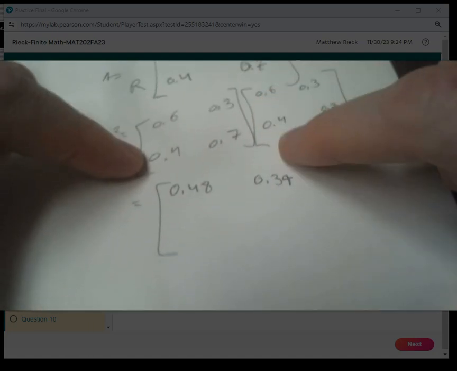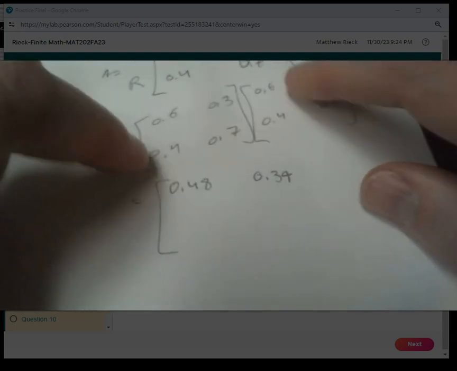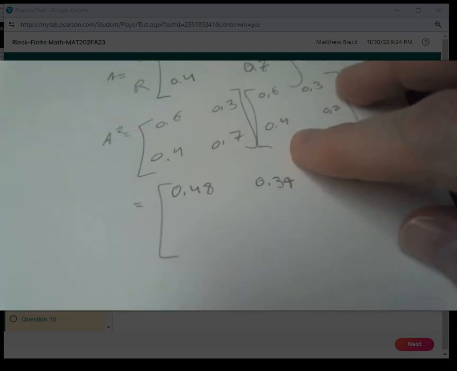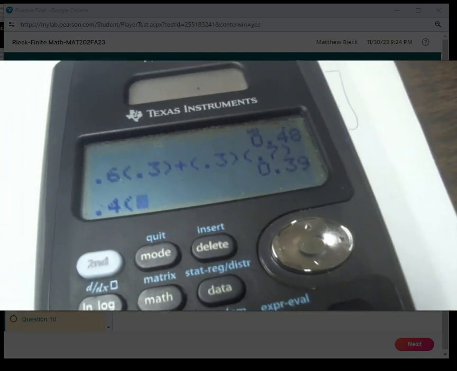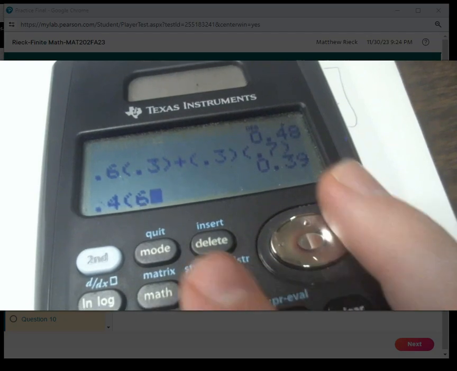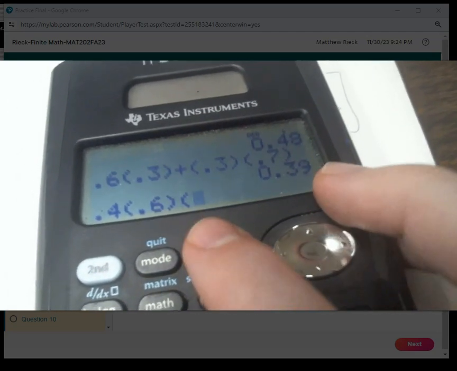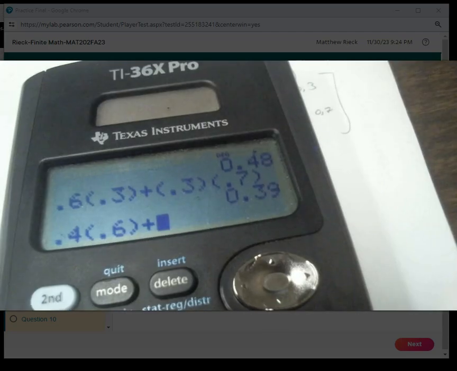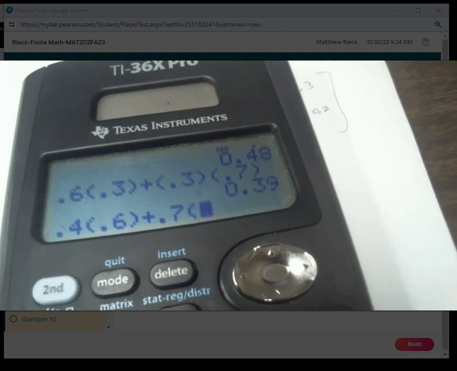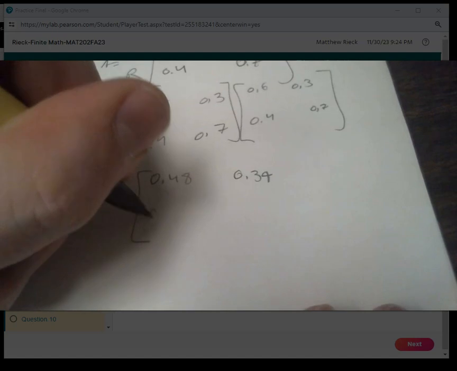And then for the second row entries, we use the second row and the corresponding columns of our second matrix. So for the first column, we'll have 0.4 times 0.6 plus 0.7 times 0.4, which is 0.52.